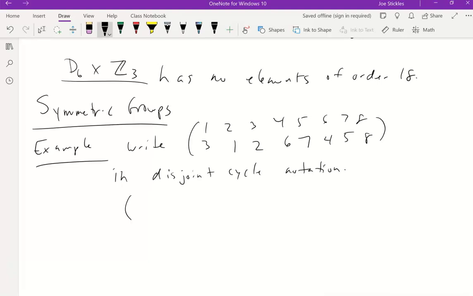Typically we start with 1, and then after that we map what the image of each particular element is. If we get back to where we started, we close off the cycle and go to the next symbol. So where does 1 get mapped to?